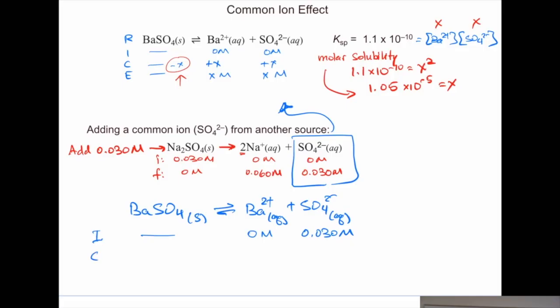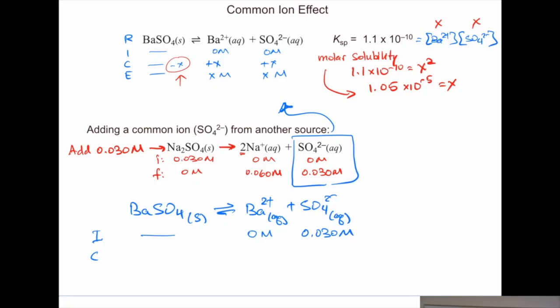Now the change. Do you need to evaluate Q versus Keq to see which direction it's going to shift? You've got a 0, so you know it's going to go in the right-hand direction, towards products. If we had concentrations for both of these, you wouldn't know, and you'd have to calculate Q and compare it to Keq.